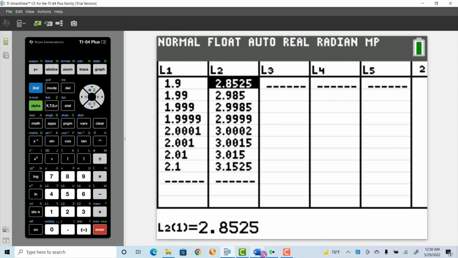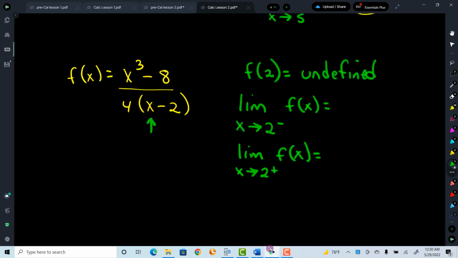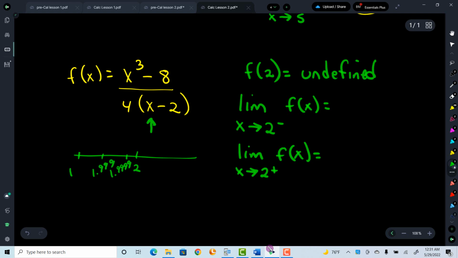So if I were looking at a number line, here's 2. Real close to that, I've got 1.9999, 1.999, 1.99, and I'm getting further and further away.